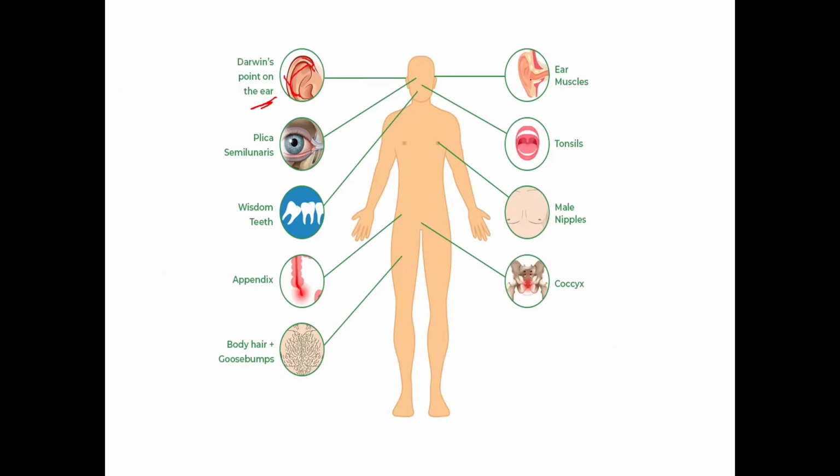Why do we need this? Ear muscle, tonsils, plica semilunaris, wisdom teeth, third molar, male nipples, not required, not in use. Even the appendix: it was present in ancestors to digest cellulose, but today we don't consume cellulose. Coccyx, body hair, goosebumps, these are all vestigial organs.